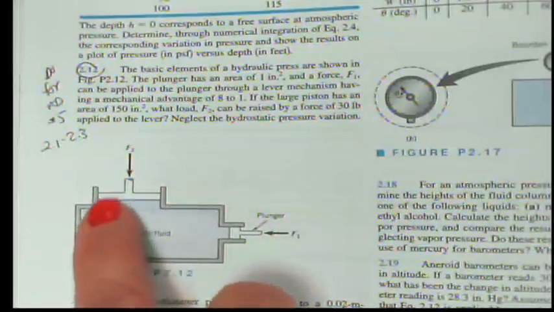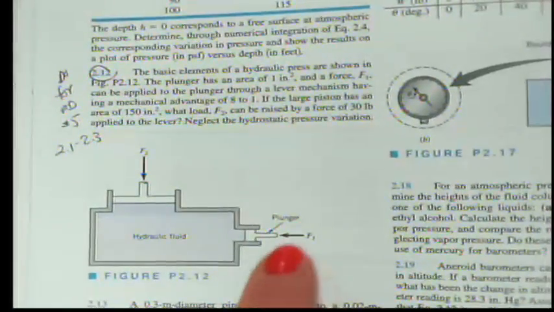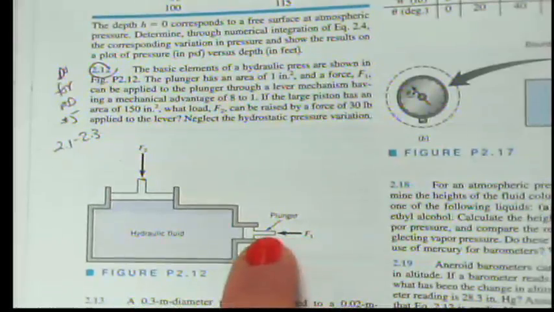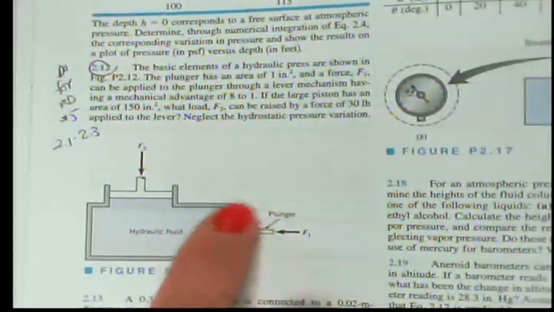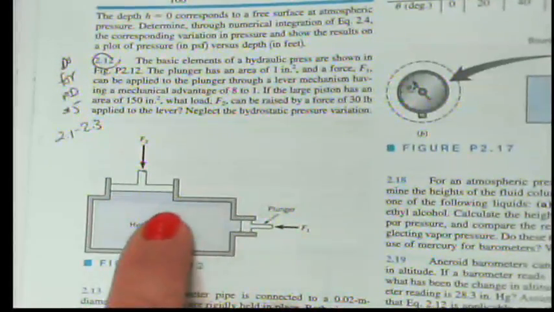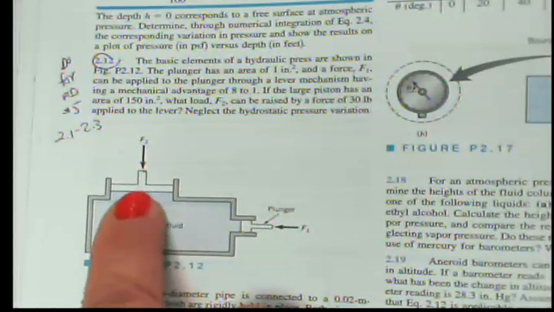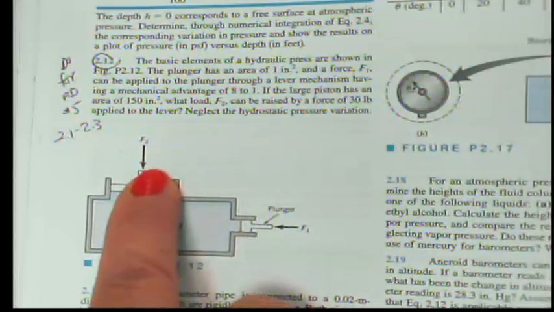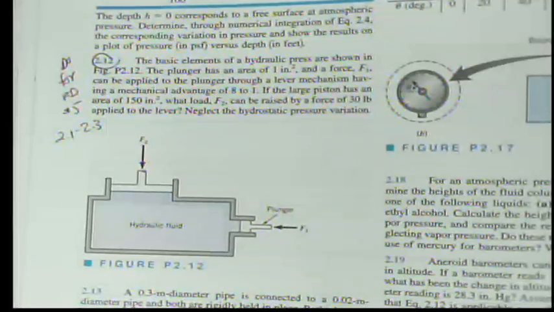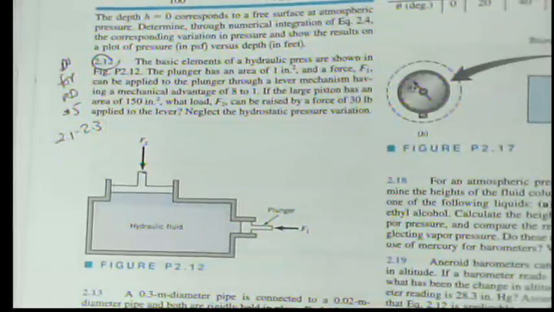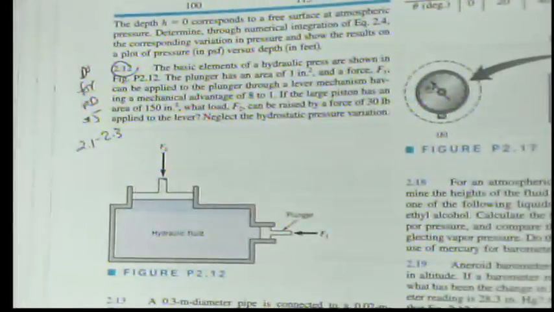So what we're asking is, between the mechanical advantage here and the transmission of pressure through the hydraulic fluid to a larger surface, how much force can we lift at the larger piston based on pushing on the plunger?